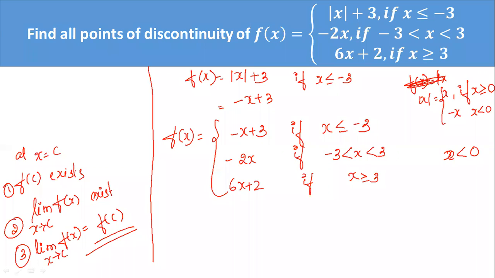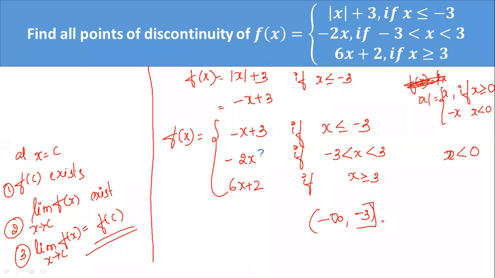x less than or equal to minus 3 means the interval is minus infinity to minus 3. Okay, don't scribble on the screen.